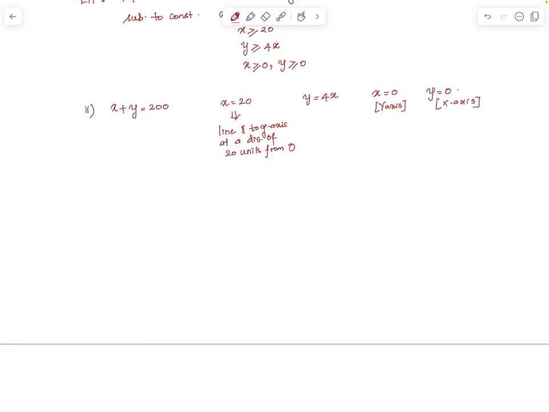Coming to the equation x plus y equal to 200, for x 0, y is 200. For y 0, x is 200. For y equal to 4x, when x is 0, y is also equal to 0, and when x is 100, y is 400. So these equations have to be plotted on the graph.